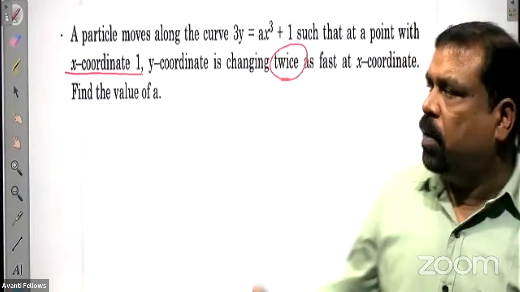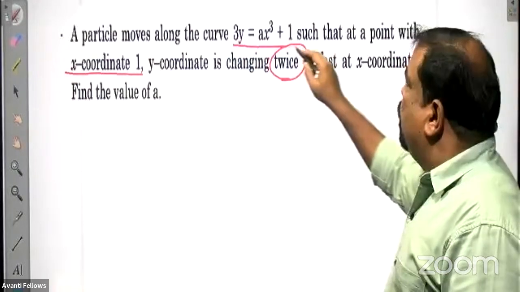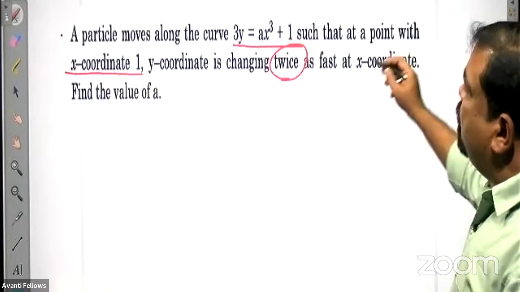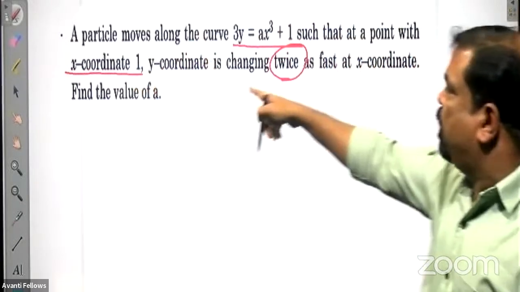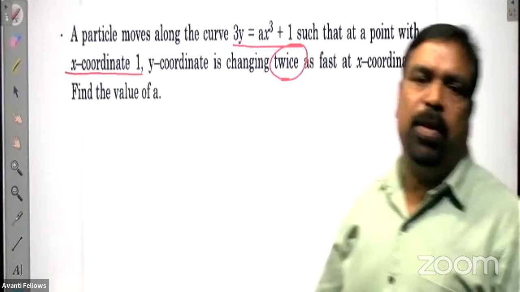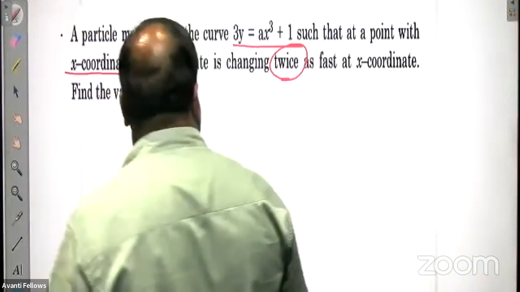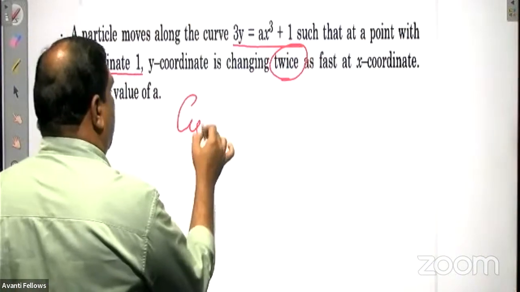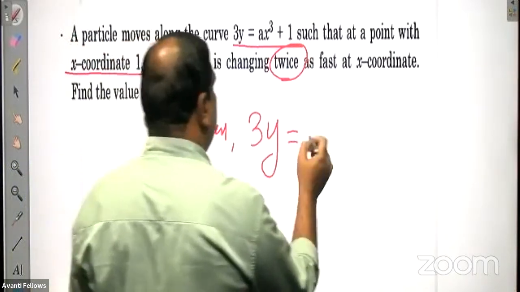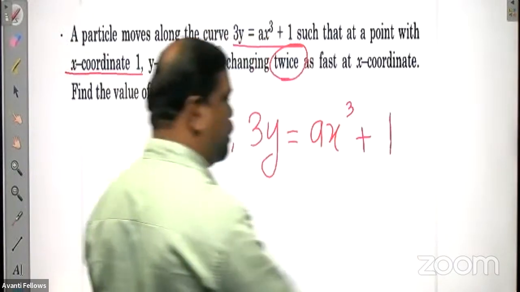The moving path of a particle is given by 3y equals ax cube plus 1, and the condition is that at x coordinate 1, the y coordinate is changing twice as fast as the x coordinate. So what is the value of a? We take the given expression 3y equals ax cube plus 1.